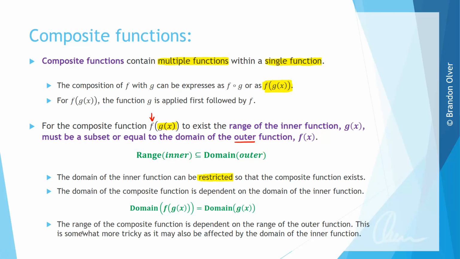And finally, the range of the composite function is dependent on the range of the outer function. However, this is somewhat more tricky as it's also affected by the domain of the inner function. And the last few questions we did in this video were trying to emphasize that you really do need to consider the graphs of your original functions and the composite function so that you can get that domain and range correct.